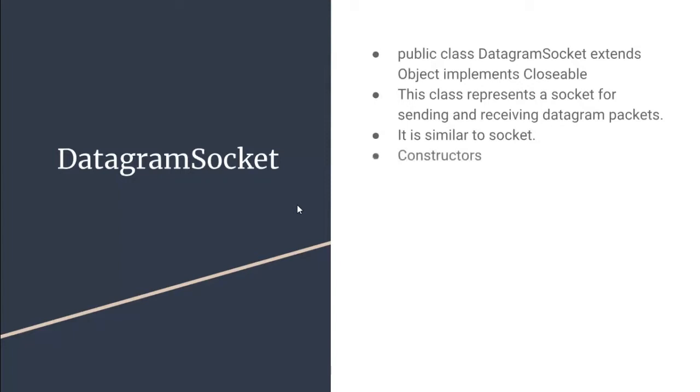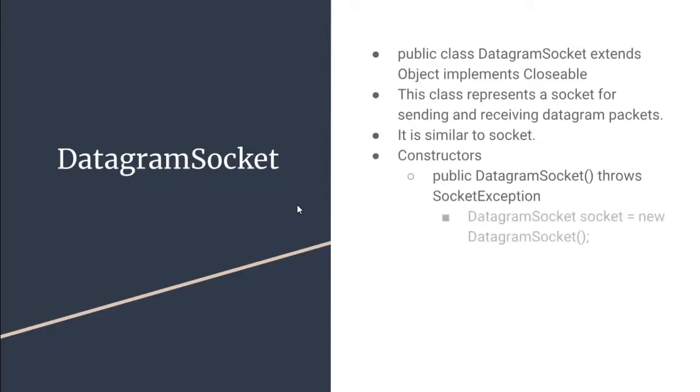Constructors of DatagramSocket. First one, public DatagramSocket() without arguments, throws SocketException. Constructs a datagram socket and binds it to any available port on the localhost machine. Example, DatagramSocket socket = new DatagramSocket(). SocketException is thrown if the socket couldn't be opened or the socket couldn't bind to the specified local port.